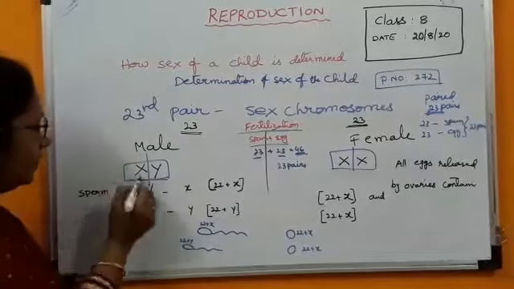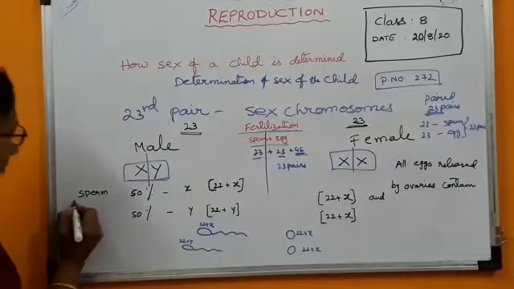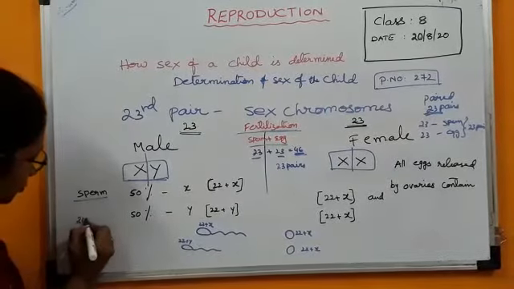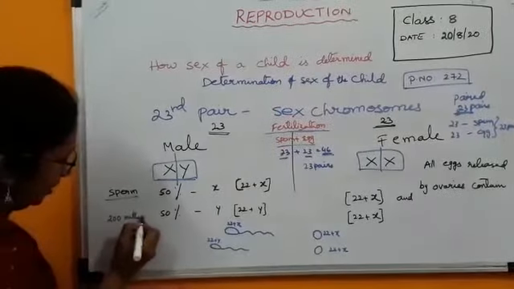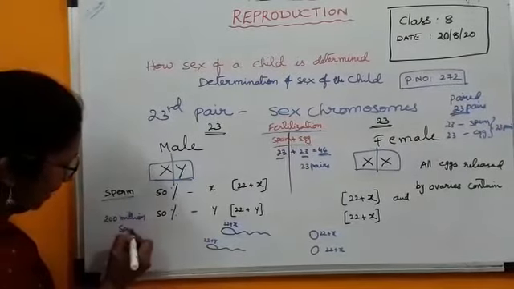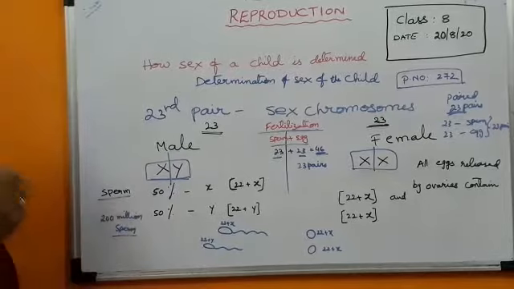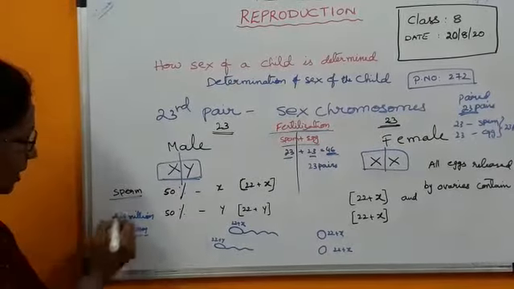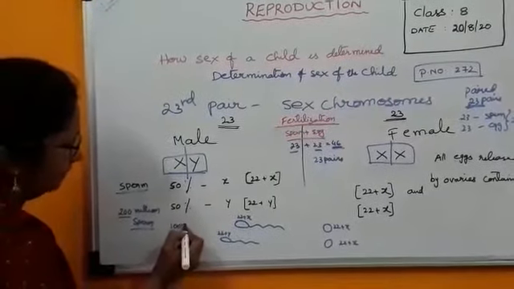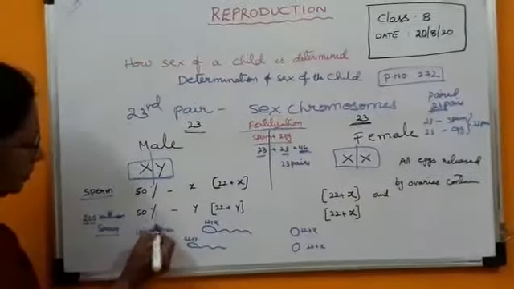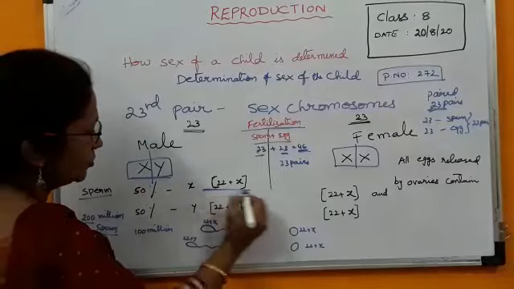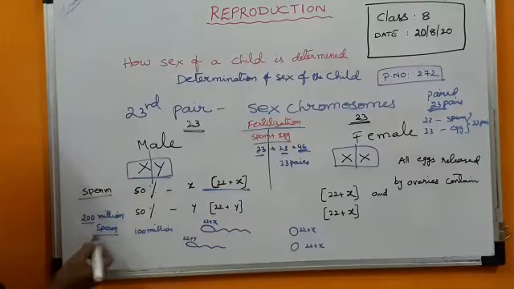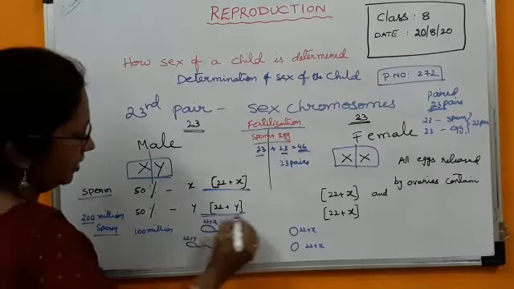For example, a male produces about 200 million sperm per day. You will understand this in a better way in 10th class. Of this approximately 200 million, 100 million contain 22 plus X chromosome and 100 million contain 22 plus Y chromosome.